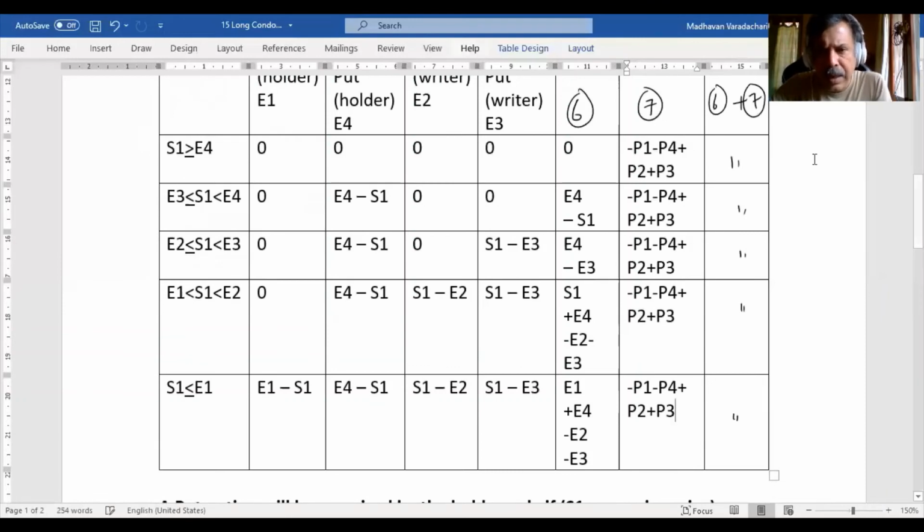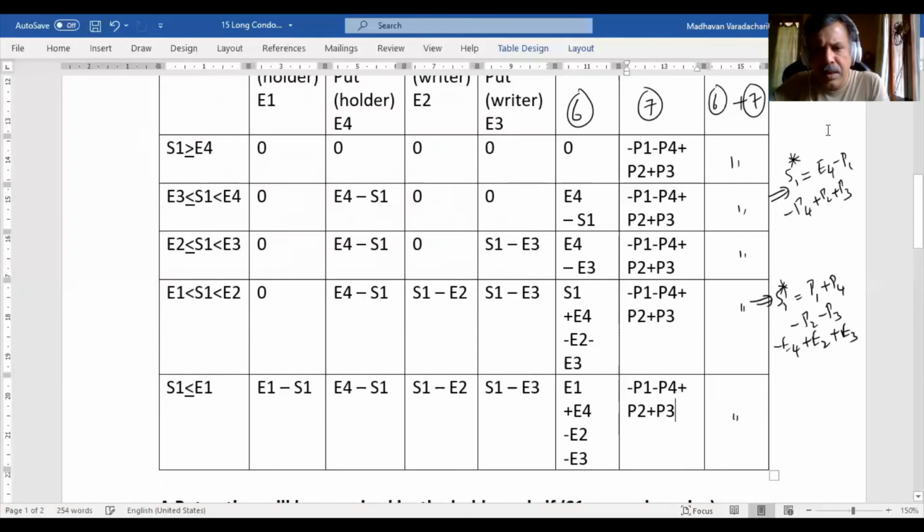So now I can write the break-even price here itself. It will be S1 star for this is equal to E4 minus P1 minus P4 plus P2 plus P3. Then from this I can say S1 star is equal to E1 plus P4 minus P2 minus P3 minus E4 plus E2 plus E3.